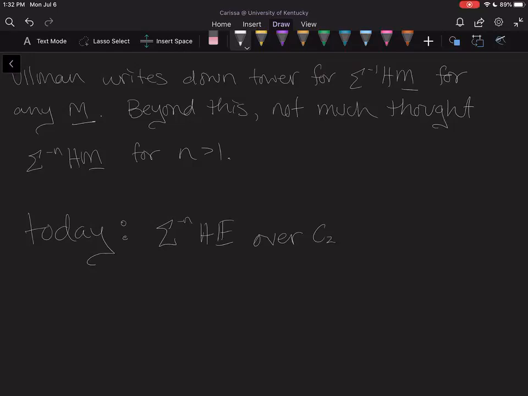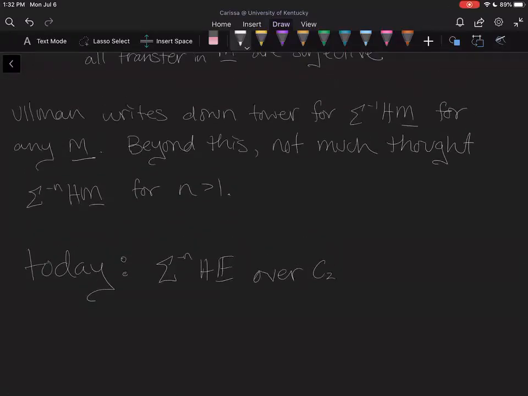Can I briefly ask about Ullman's results? So what are the pieces in this tower? It's again Eilenberg-MacLane spectra, or it's something more sophisticated?